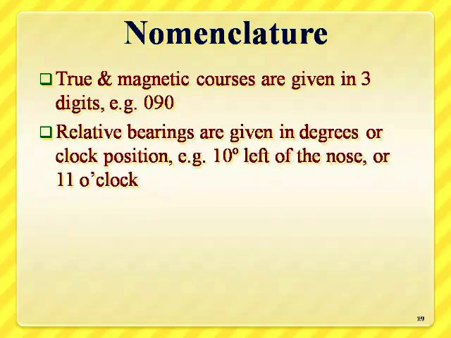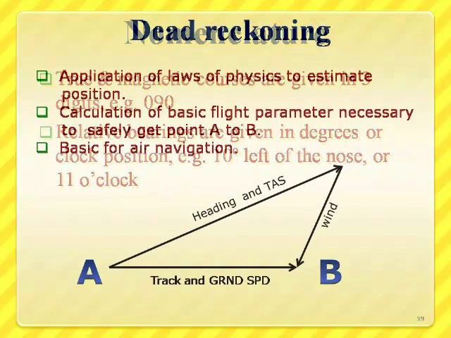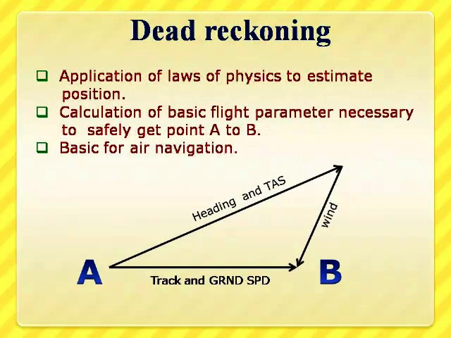And there is another one we call dead reckoning. Application of laws of physics will be used for this purpose as shown in the diagram here, and it is actually deduced reckoning, but in short people call it dead reckoning.